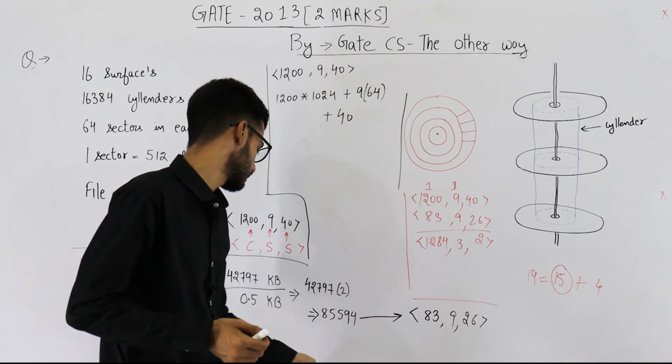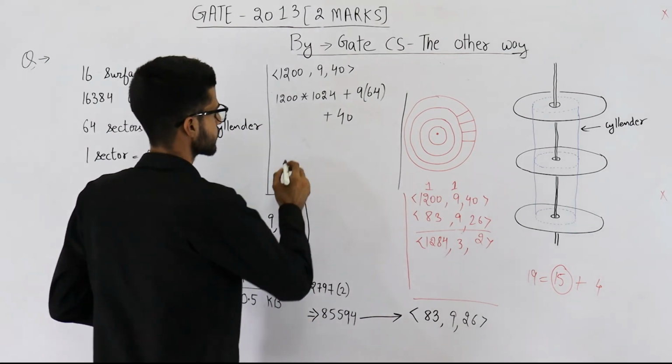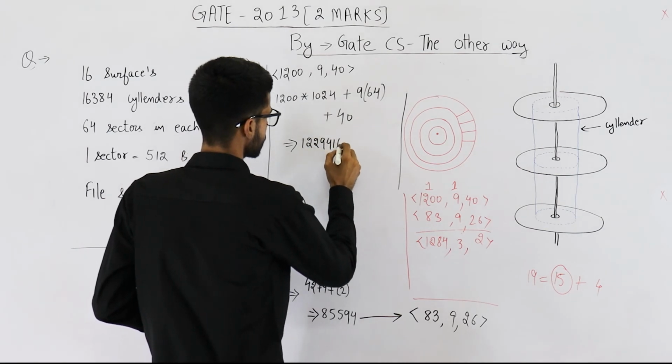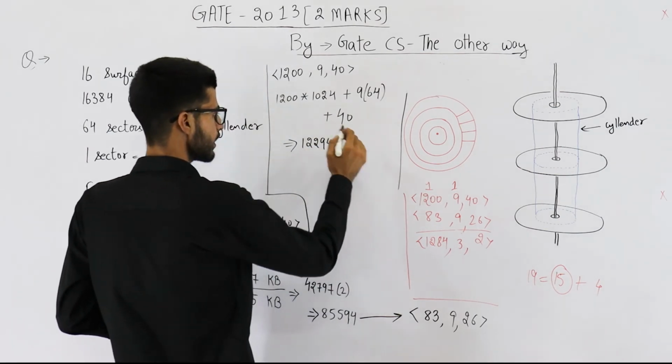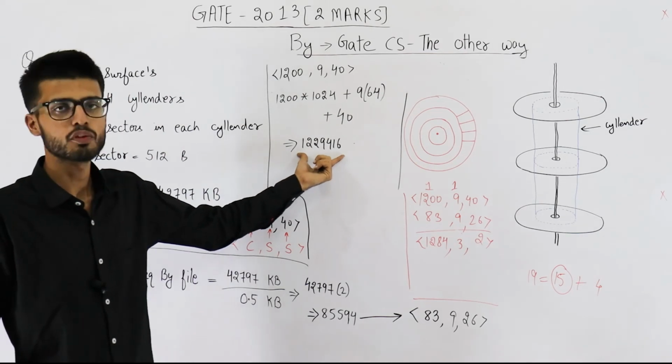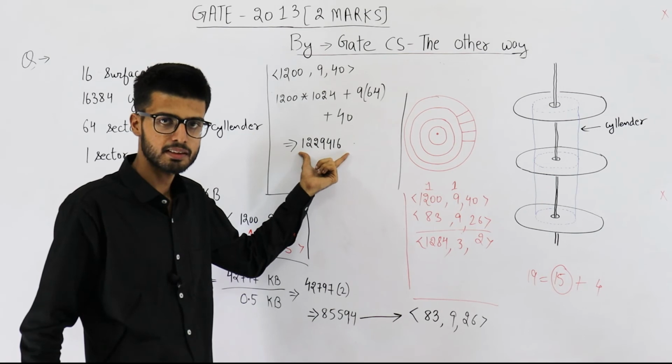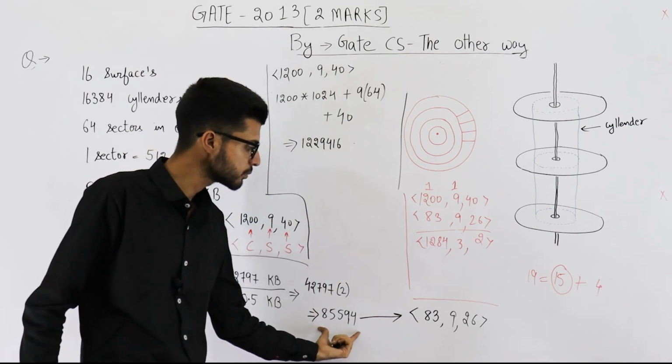So this is 1229416. That means you need to begin from this address, and this is the sector number. From this sector number, you need to save these many more sectors.